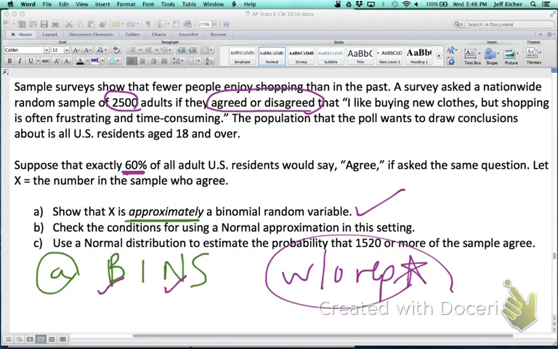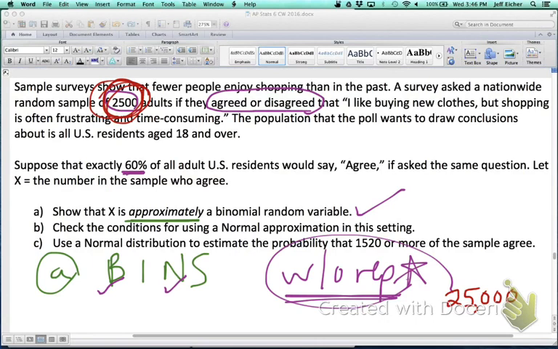However, there's a condition that we can check. As long as our population is large enough, or as long as the population is 10 times bigger than our sample, then this whole issue of with or without replacement, we can just approximate the answer with a binomial distribution. So the population of the United States is definitely bigger than 2,500 times 10.